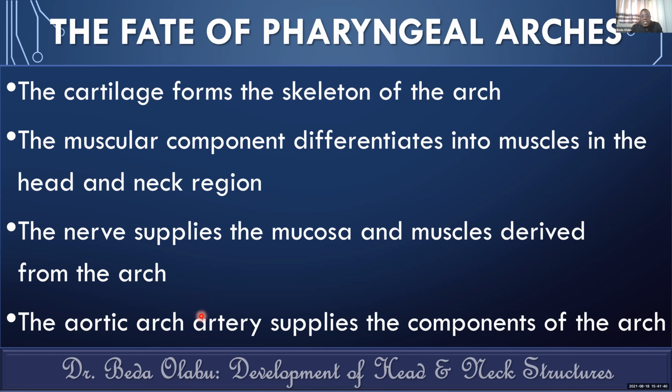The aortic arch artery usually will supply the different components of a pharyngeal arch, but these aortic arch arteries, most of them also involute, most of them disappear. A few of them persist, and I'll be telling you shortly what each of the pharyngeal arch arteries becomes.